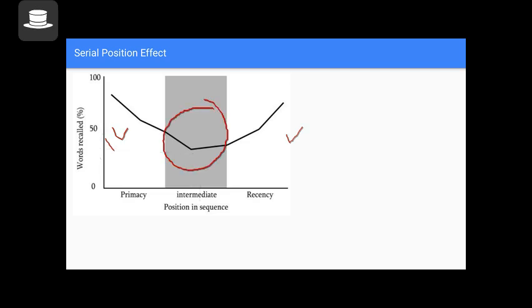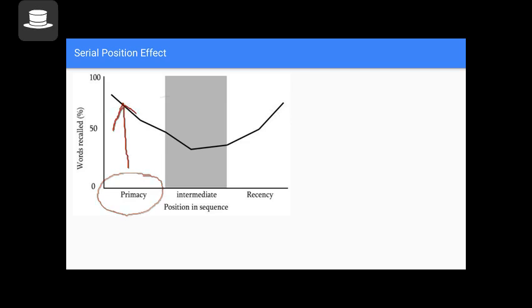This is the difference in accuracy, right? Well, one explanation, which will make more sense when we talk about memory, is that if you're rehearsing this list of words over and over again, the primacy effect is the fact that your accuracy is higher for initial items when compared to the intermediate items.